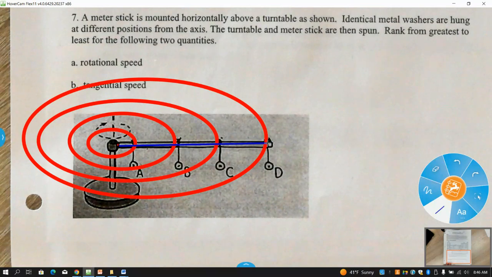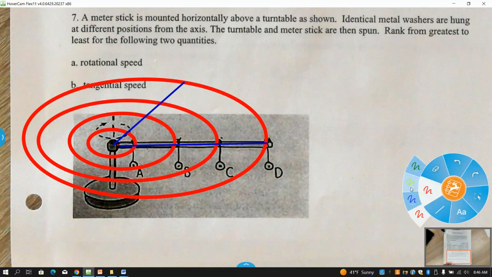They're all in the same bar. And as this thing rotates around, which object has to cover more distance? Who has to cover the most distance, A, B, C, or D? D would have to cover the most. Yeah, D would have to cover the most distance here.